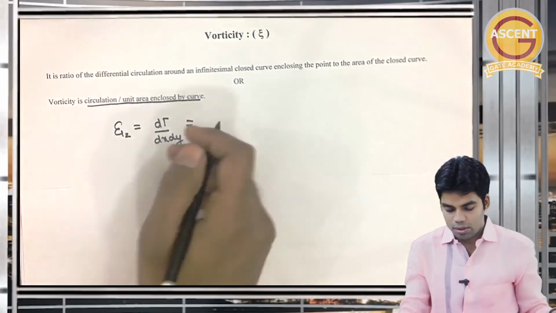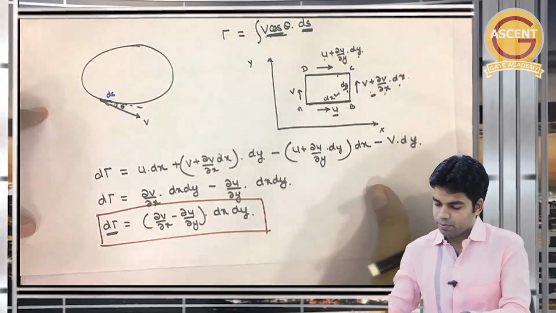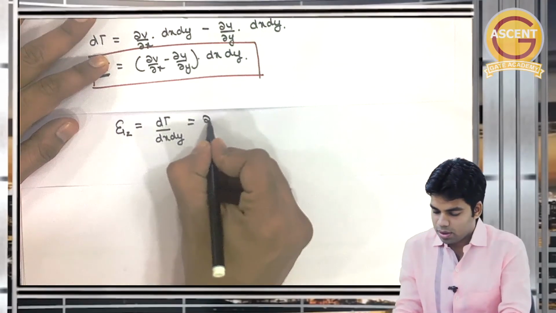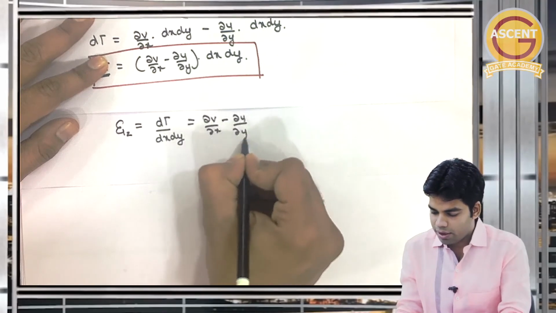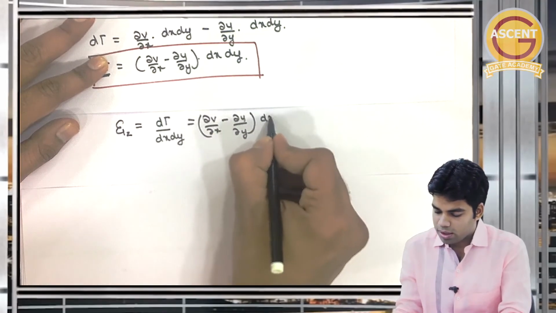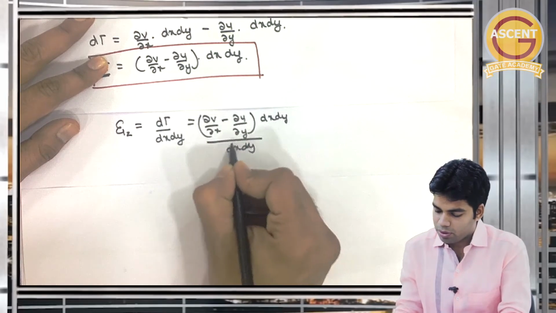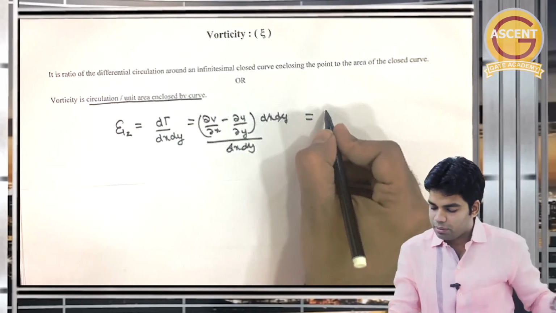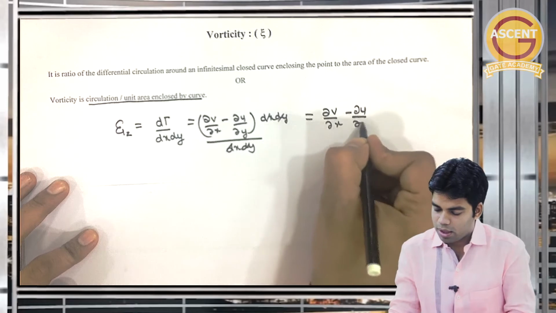Now here this d circulation is del v by del x minus del u by del y into dx dy divided by dx dy. Okay, so this gets cancelled out, and we will get del v by del x minus del u by del y.